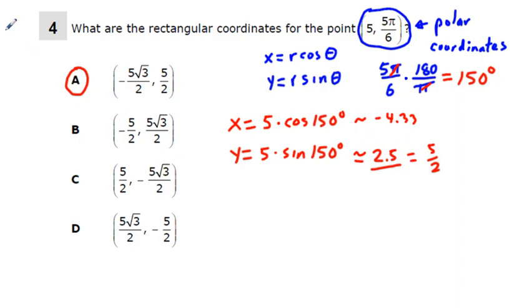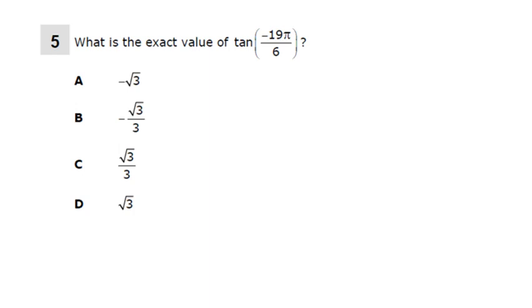Next, what is the exact value of tangent negative 19 pi over 6? Again, one way to do this is, if your calculator's in degrees, you want to leave it that way. You can just say, okay, I just want to convert this into degrees. So I'm just going to say negative 19 pi over 6 times 180 over pi.